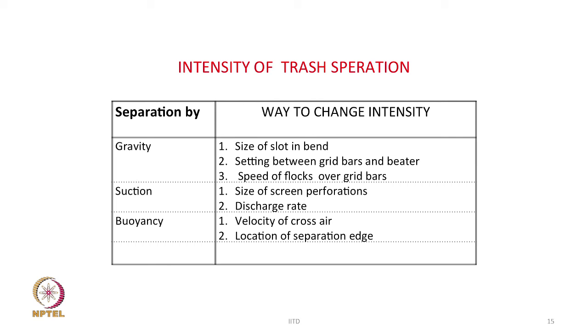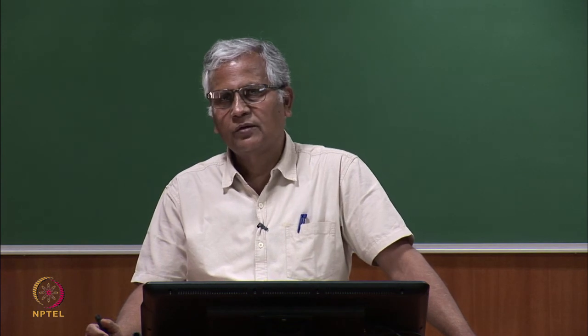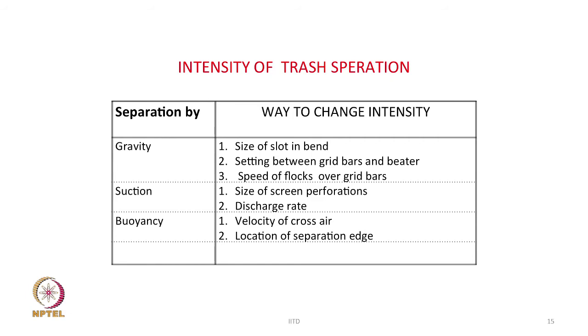Also, we will find that in some cases there are two types of trajectories, as we have discussed: the trajectory of the trash particles and the trajectory of the flocks. Now, we have to have a separation edge which will distinguish between these two trajectories. The separation edge has to be placed in such a location so that most of the trash particles remain on the left hand side of the edge, and the trajectories of the flocks remain on the right hand side of the edge.